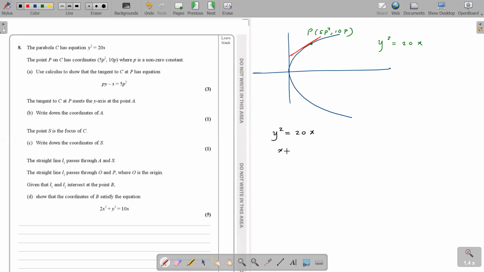Look at this. Make x the subject, x equals y square over 20, right? And now you can differentiate treating x like y and y like x. This is the way we've done it, right? So when you differentiate x, what do we get? Instead of dy by dx, we get dx by dy.